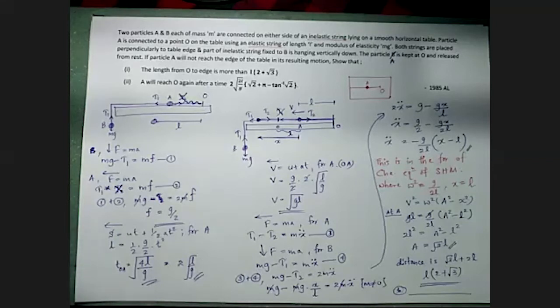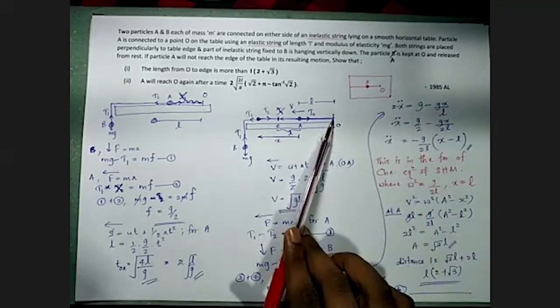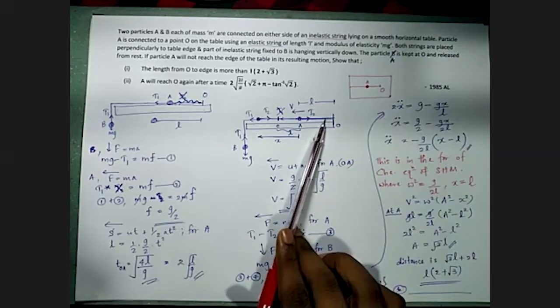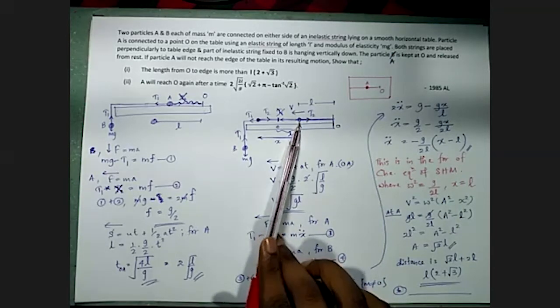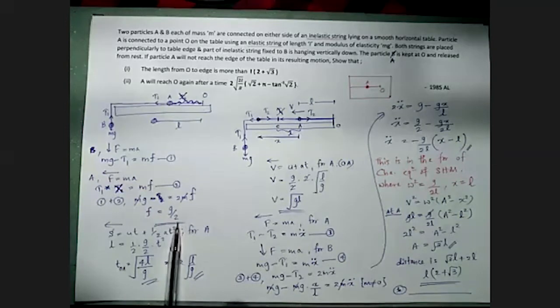Now the second part. If particle A will not reach the edge of the table in its resulting motion, show that A will reach O again after this time. Motion is started at O. Particle A reached point A with an acceleration of g over 2, taking this much time.